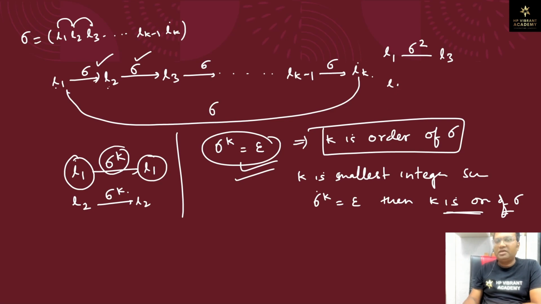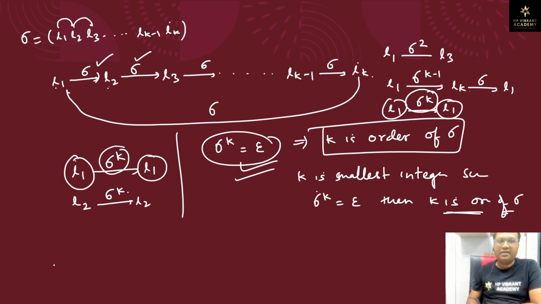If we apply sigma to the power k minus 1, it goes to Ik. One more application of sigma, Ik goes to I1. So sigma to the power k on I1 goes to I1. So sigma to the power k is the identity, as simple as that.